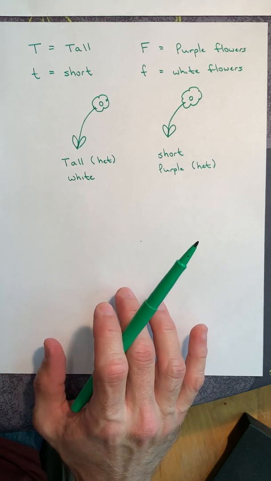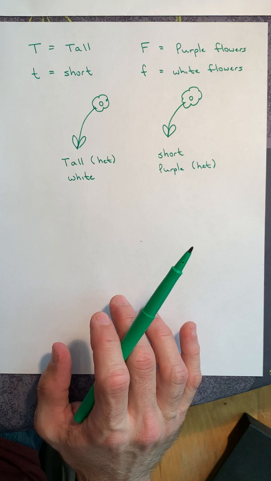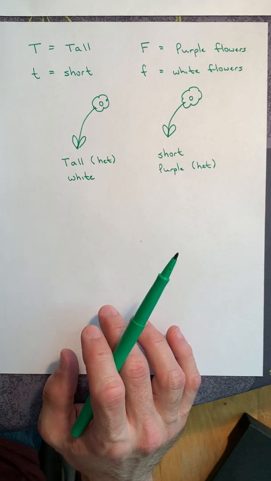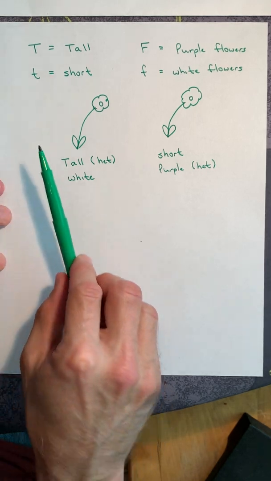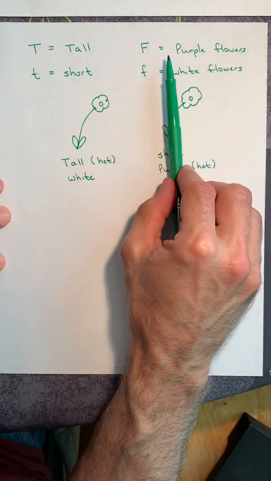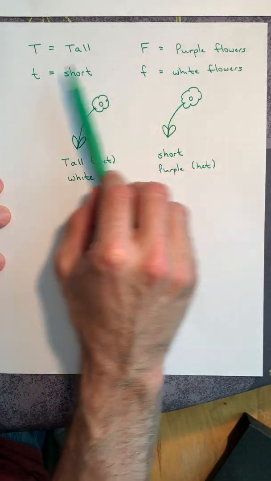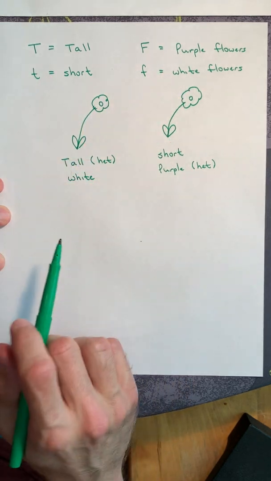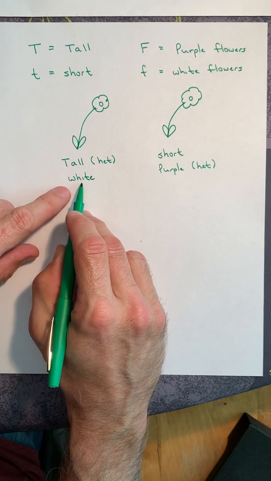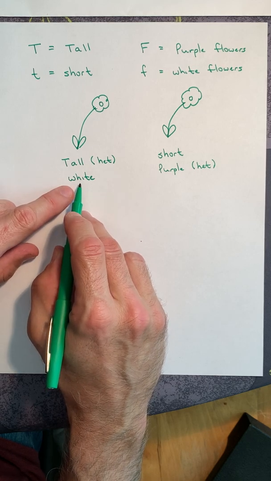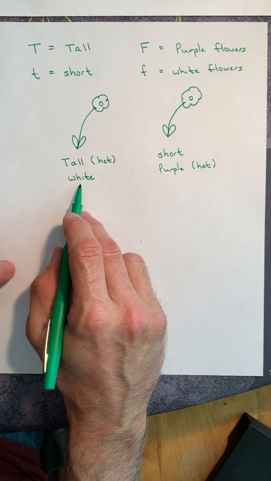Fine. So when you go to write your genotypes here, don't forget that it needs to be alphabetical. So even though the problem sets you up with tall and then the flower color, the F comes first because of the alphabet. So we're going to look at flower color first. Since this individual has white flowers, this is the recessive condition.